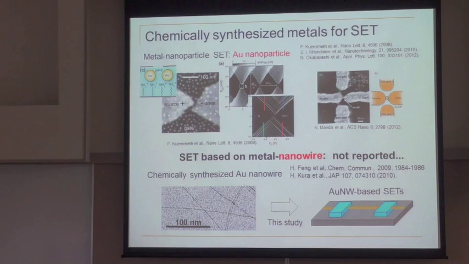So in our study, we chemically synthesized gold nanowire using the technique reported here, and we fabricated SET with the synthesized nanowires.